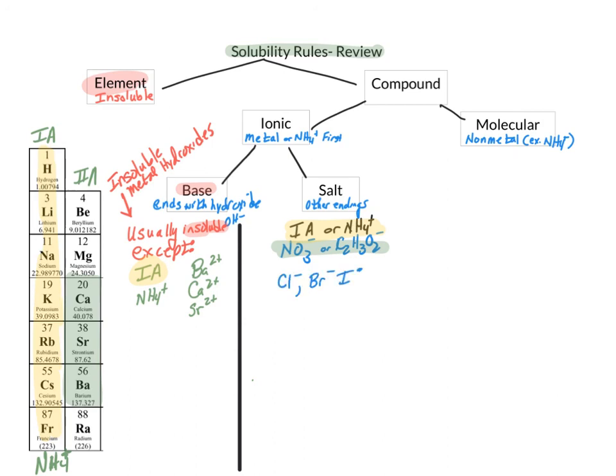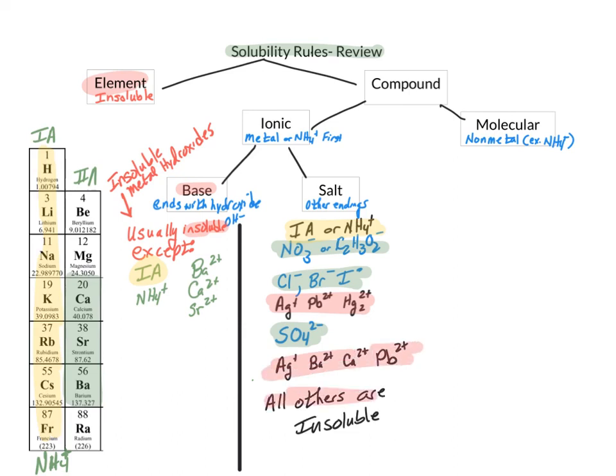We know that it is soluble unless it is with silver, lead 2, or mercury 1. And then we have the sulfates. The sulfates are generally soluble unless they are with silver, barium, calcium, or lead 2. And our last rule for the salts is, if it's not on this list, it is insoluble.